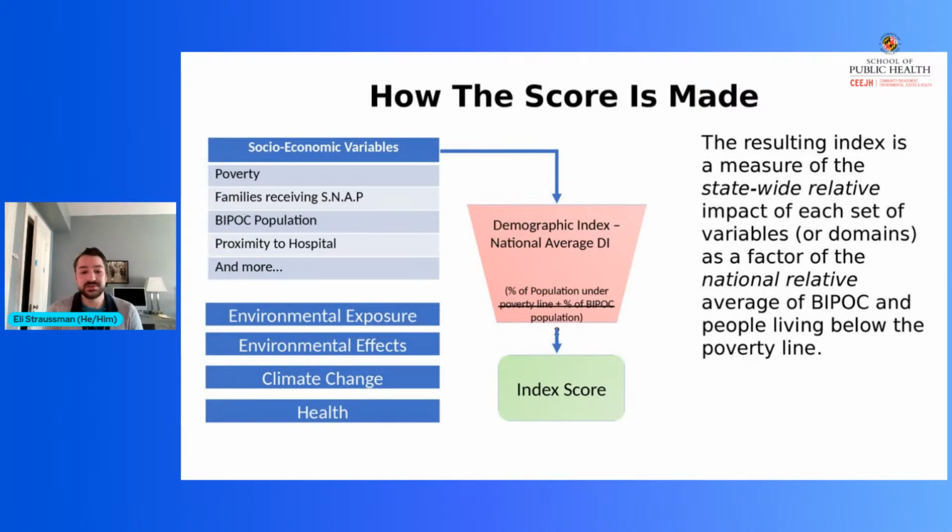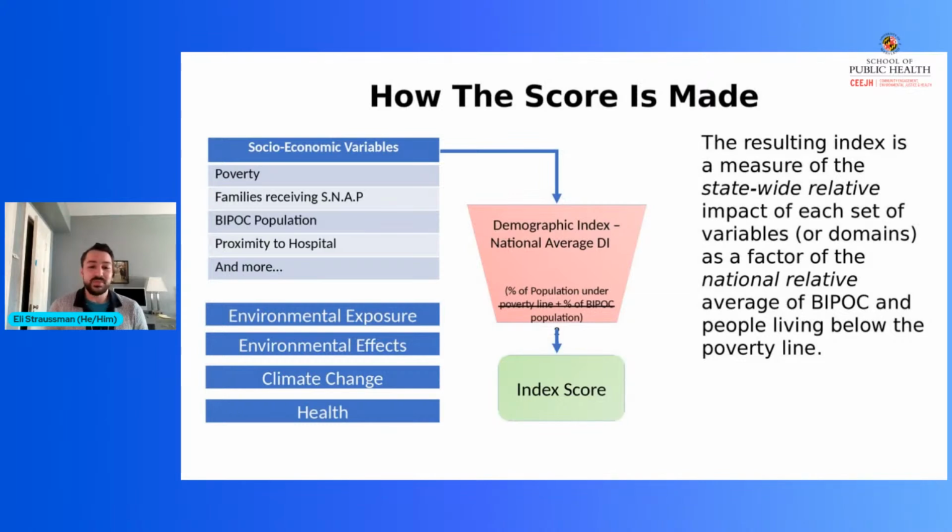Now, each of these bins have multiple sets of data points that contribute to the overall score. Now, it's not so simple that we can just combine all this data and then spit out a score. All of this data comes in different forms, right?